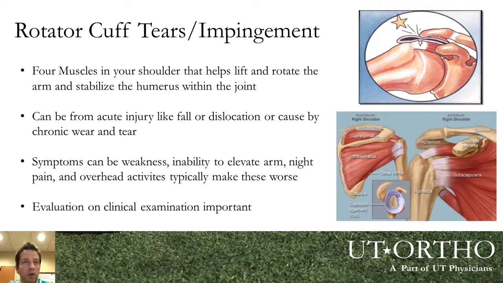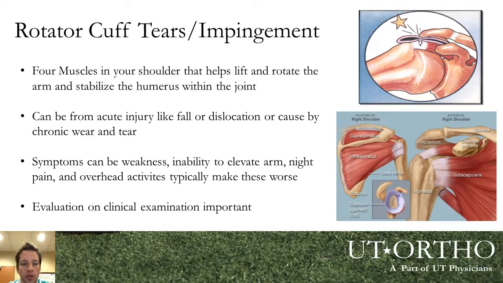This injury can happen from a fall or dislocation. And the main symptoms of these are weakness, inability to elevate the arm, night pain, and overhead activities typically aggravate these. So clinical evaluation is very important here. This is obviously a muscle and a tendon, and so important evaluation of motor strength and functional range of motion is important.